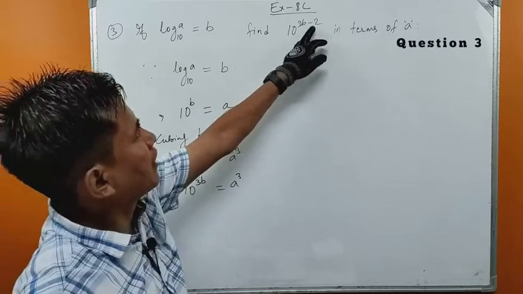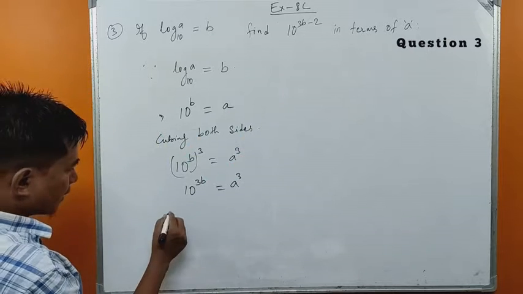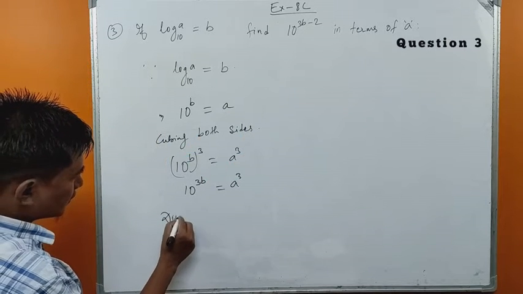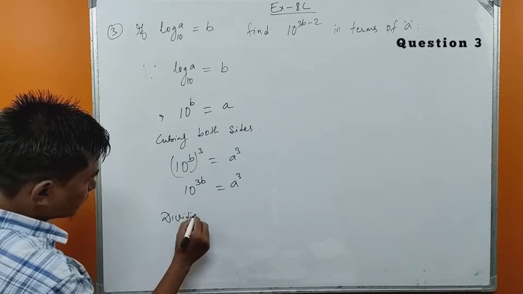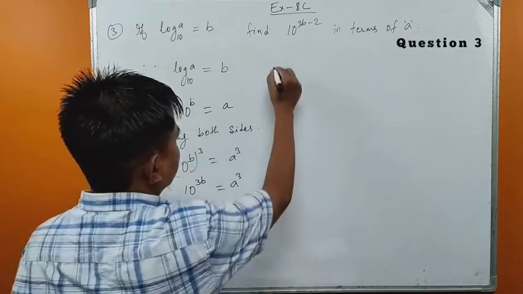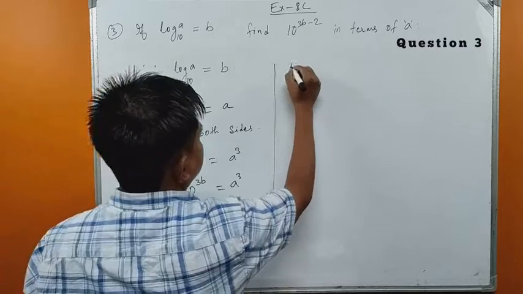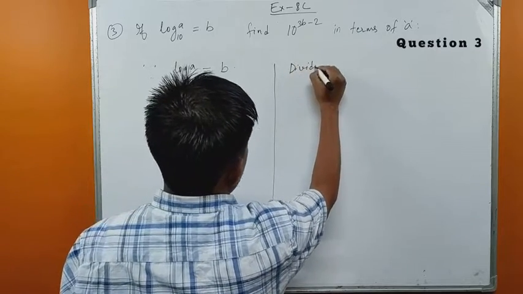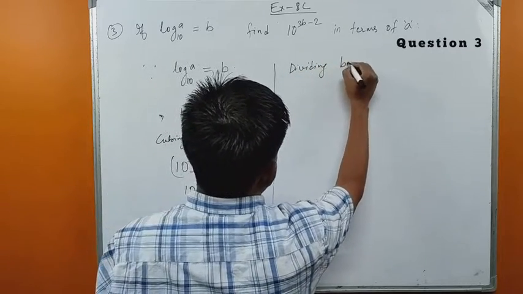Now we need minus 2, isn't it? So dividing both sides by 100.